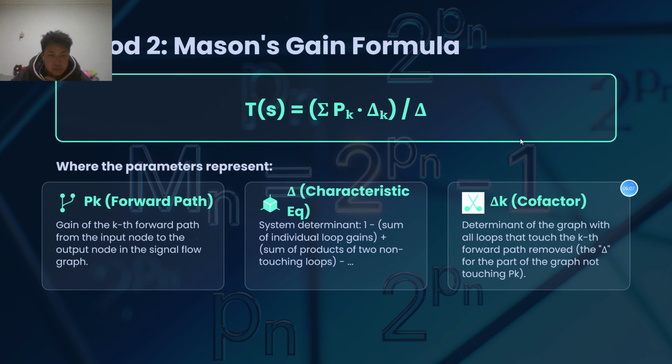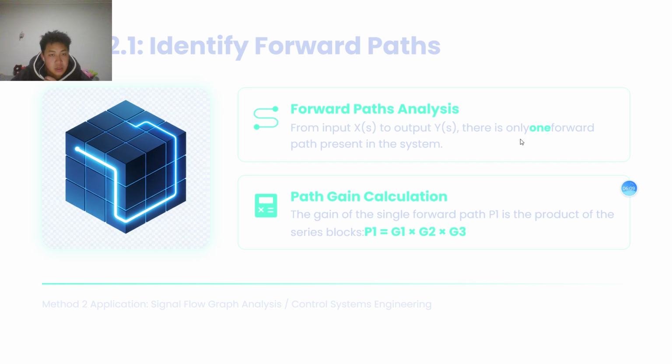Then we identify forward paths. Forward path analysis from input X to output Y: there is only one forward path present in this system, and the path gain conclusion: the gain of the single forward path P1 is the product of the series blocks.